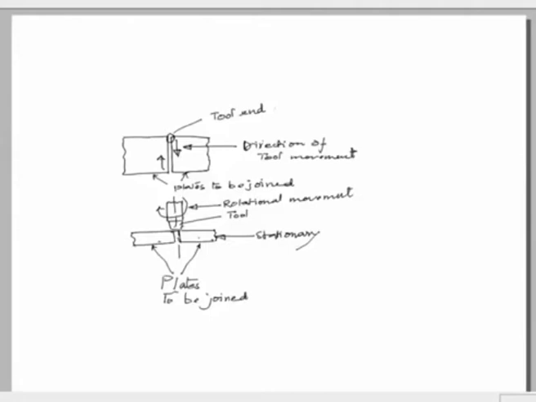Because of the friction, there will be heat generation, and because of the applied pressure, the materials plastically deform and the joint is made. So, the same procedure takes place in this case also. Here, these two surfaces to be joined get heated up, deform plastically and get joined.